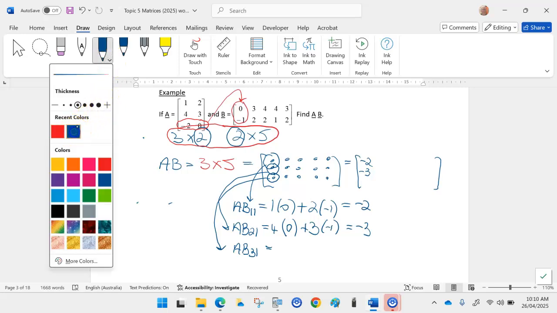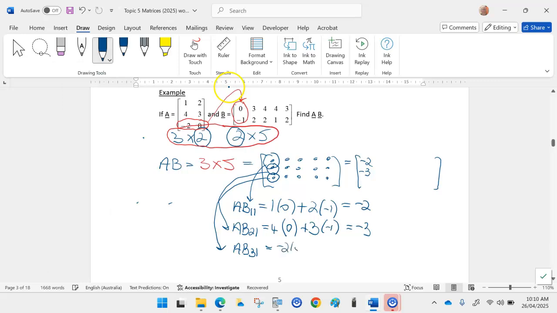So again, what's that going to look like? That would be taking -2 and multiplying it by 0, and adding to that 0 times -1. So again, I'm after the third row, first column in my product AB.